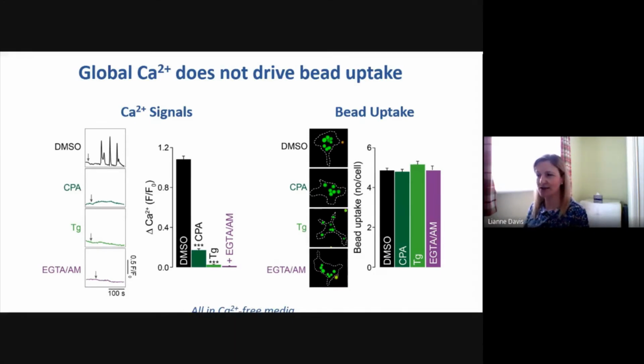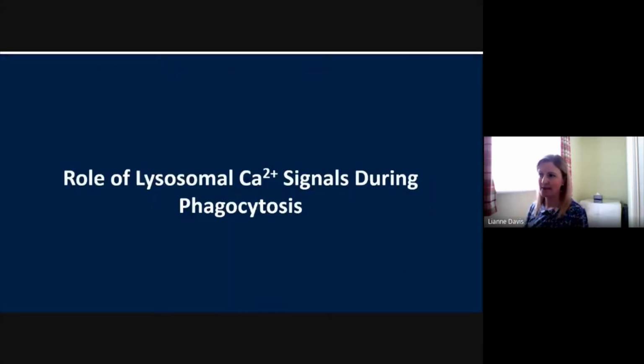In other words, with EGTA or SERCA inhibition, are there invisible local calcium signals that persist and continue to drive phagocytosis in a calcium-dependent manner? So we therefore considered other sources of calcium that are not influx or the ER and asked if lysosomal calcium signals drive phagocytosis.